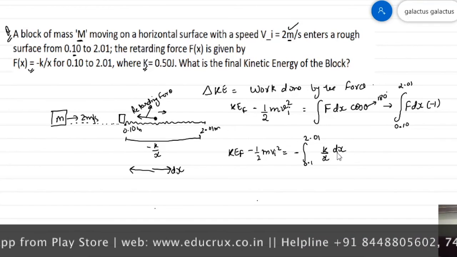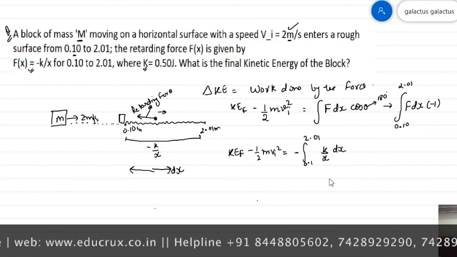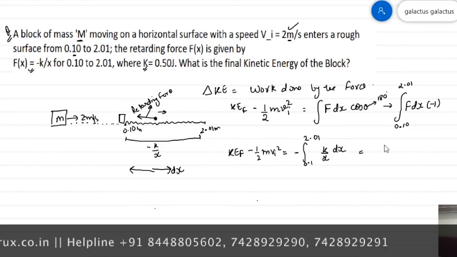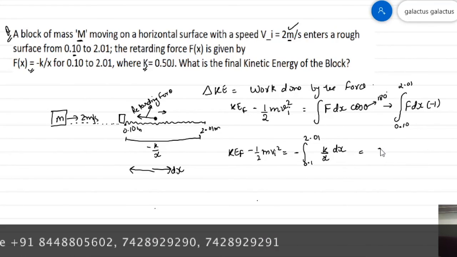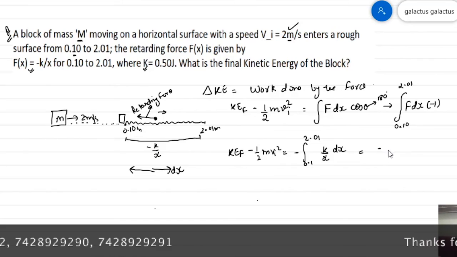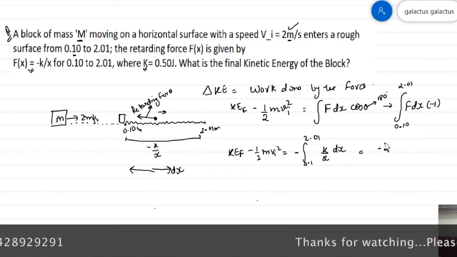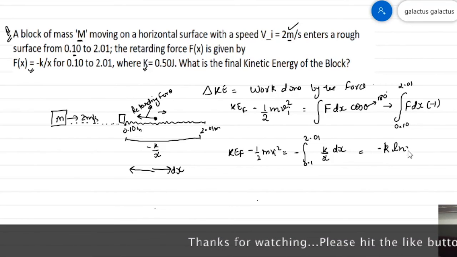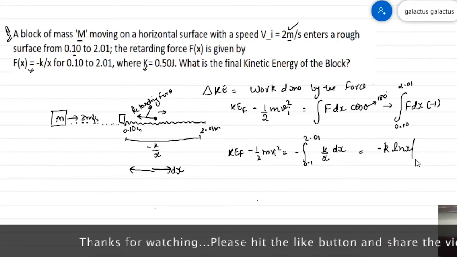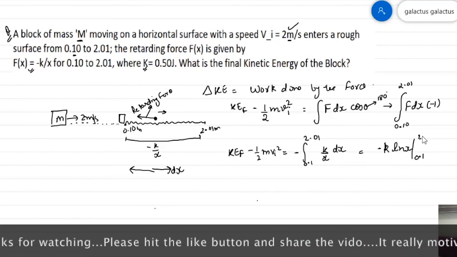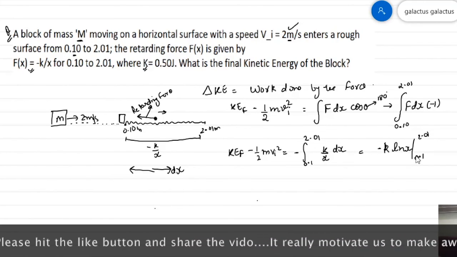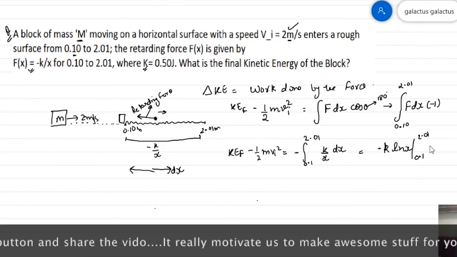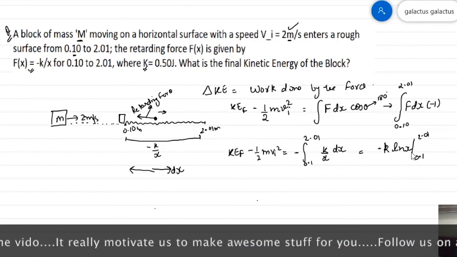Okay, so if I now integrate this expression, it will be minus k ln x, from 0.1 to 2.01. Okay, this is the answer of the integration.